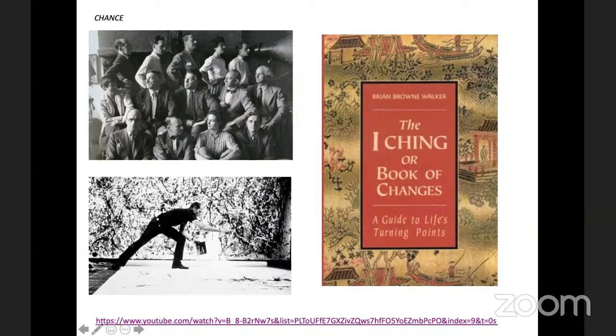So abstraction, but also chance, using his drip technique and basically letting things fly. Here, I think, is a piece that he did. It was the first piece that he composed using the I Ching, and I think it was about 44 minutes long, and it was for Merce Cunningham.